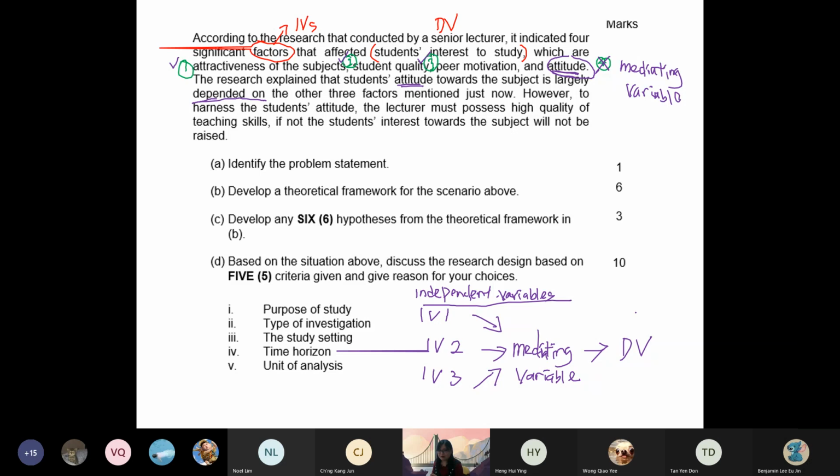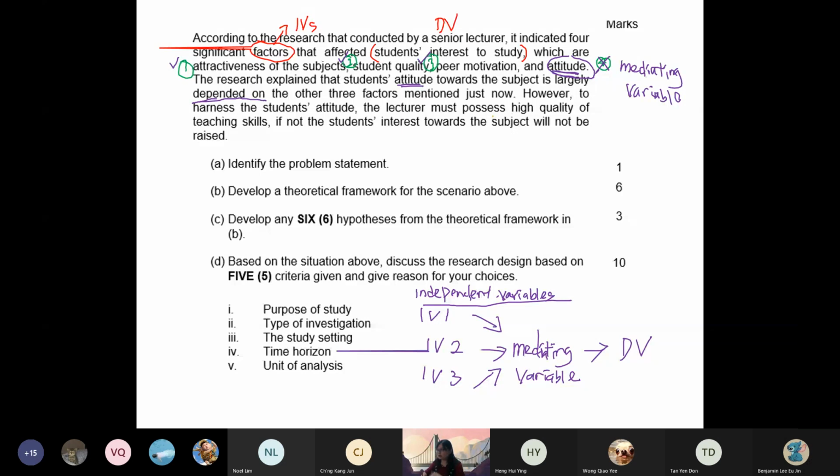They are categorized, or else the dependent variable must be high quality of teaching skill. Okay, you see, student attitude.